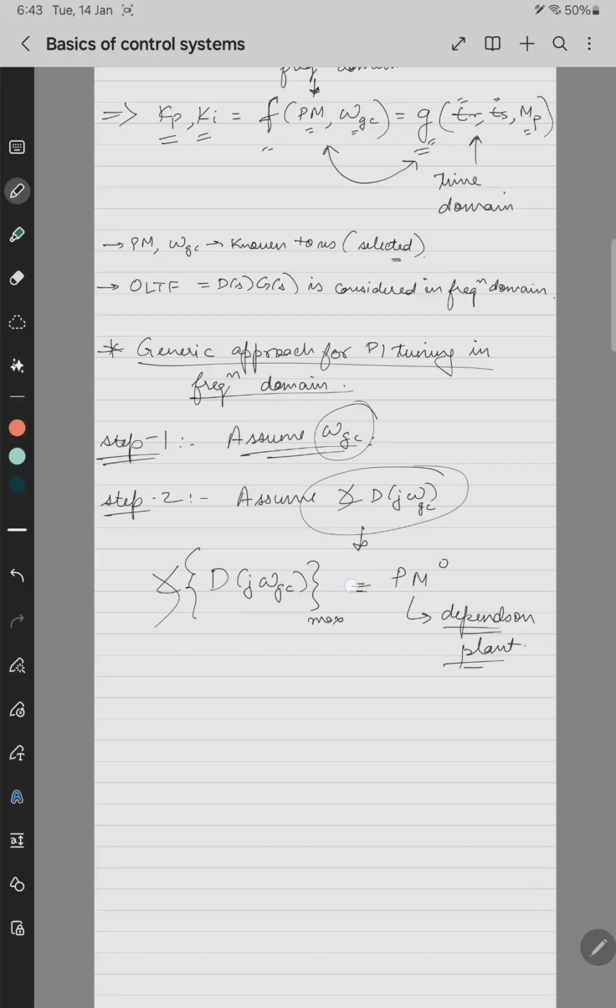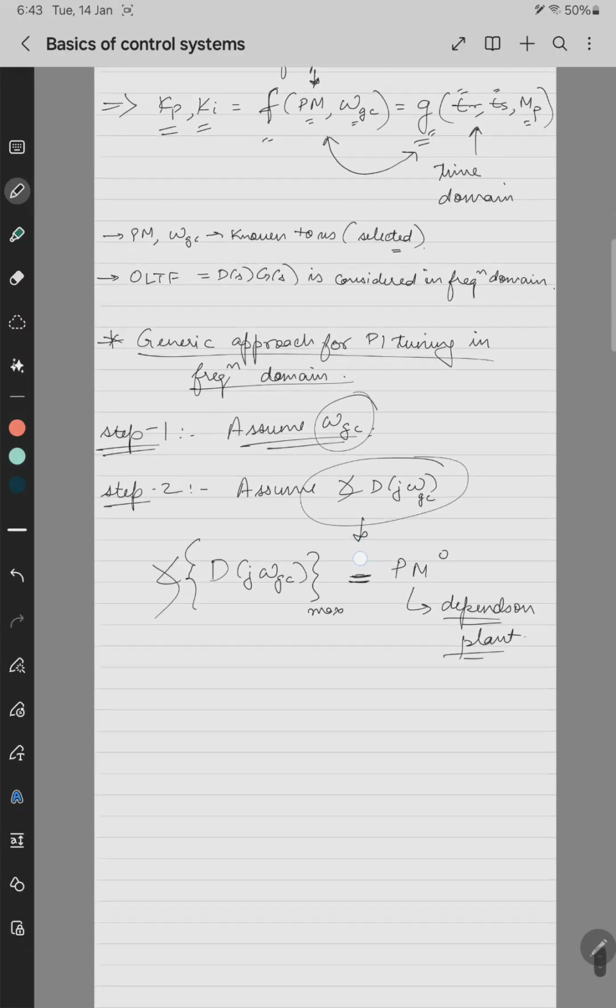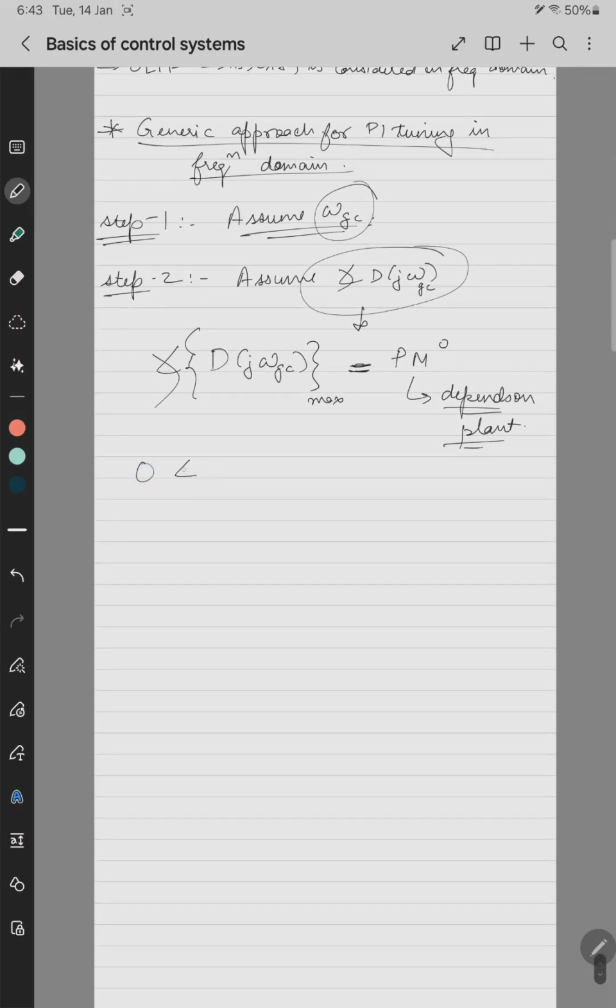The maximum value of this is this. And what is the minimum value? 0, because phase margin should be positive. So I can write 0 less than angle of D of j omega GC less than PM. Using this, assume an angle of D of j omega GC.